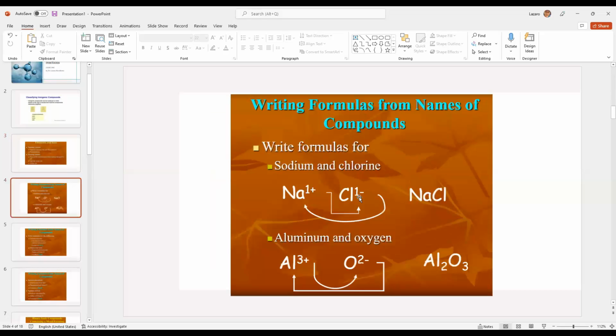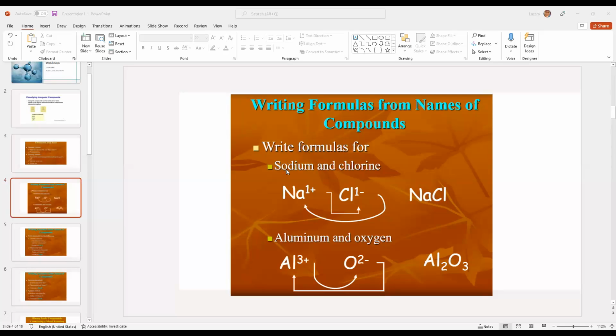Let's see. Writing formulas from names of compounds. In this case, the name of the compound is sodium chloride.